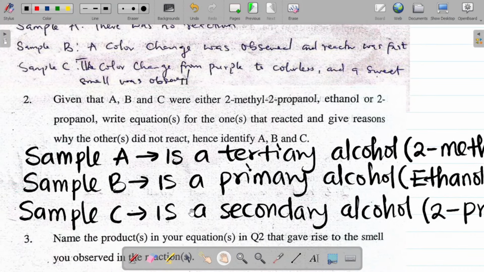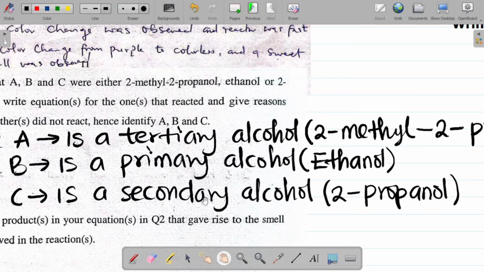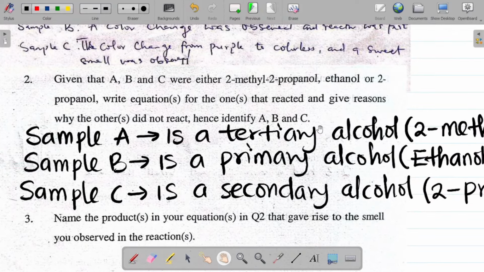Since sample C gave me a ketone, which gives a sweet smell, it was obvious that sample C is a secondary alcohol. Now, if sample A is tertiary, sample C is secondary, we are left with sample B to be primary. And from the reactants given, the secondary alcohol is 2-propanol, while the primary alcohol is ethanol. So this is how I identified A, B, and C.